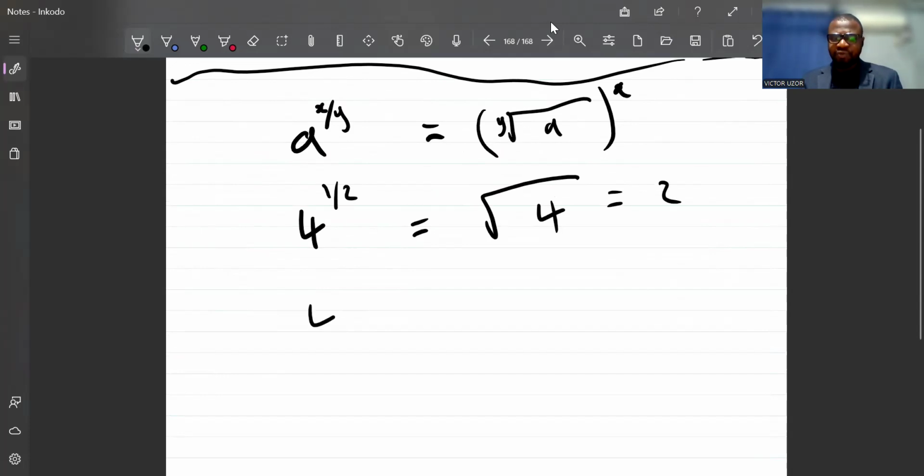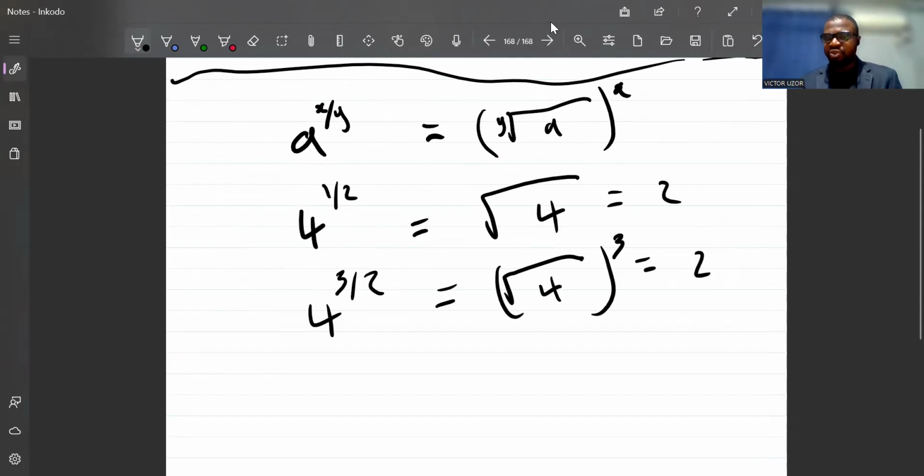But if I have 4 raised to power 3 over 2, what is down is going to be the root. So I'll have square root of 4 raised to power 3, which will give me 2 raised to power 3, which will give me 8.